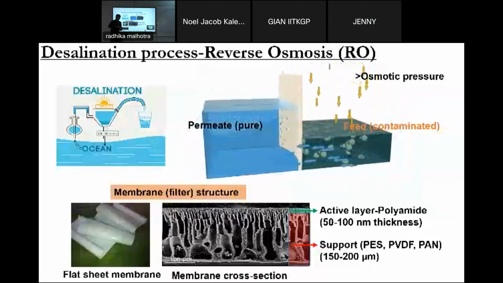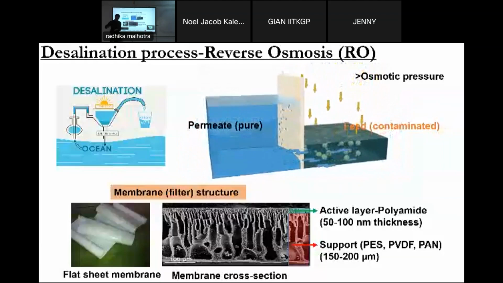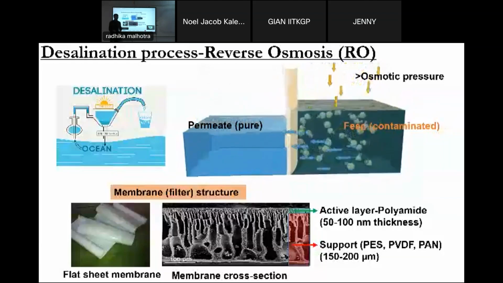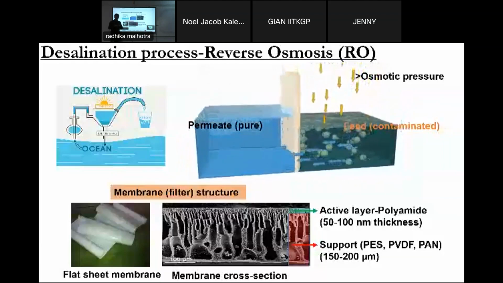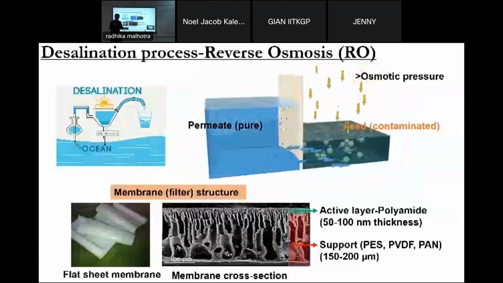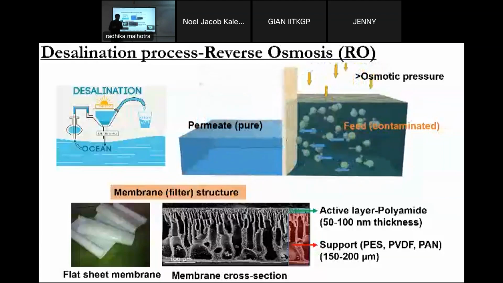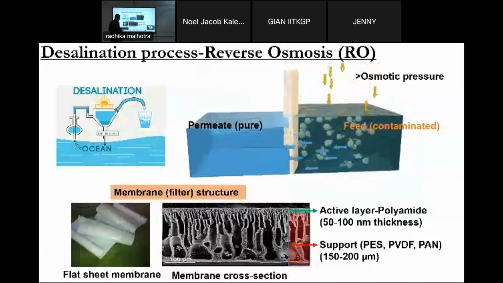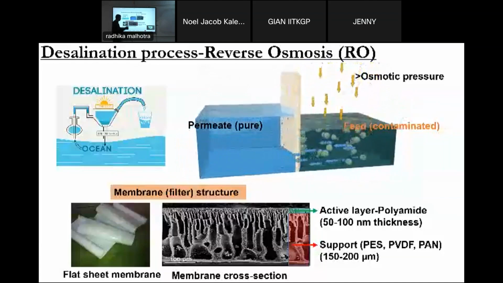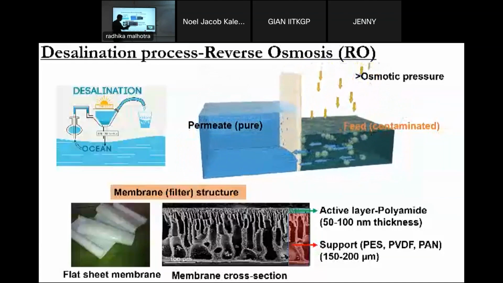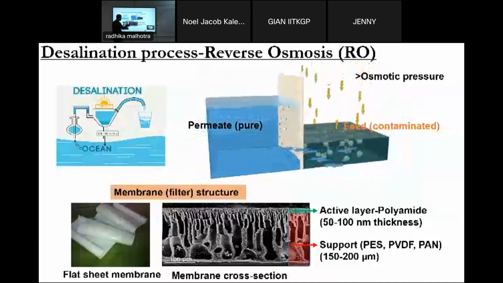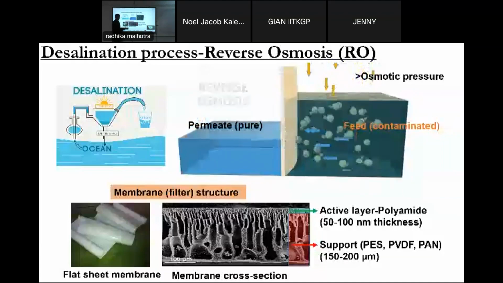If you cast your polymer on glass and put it in the coagulation bath, then slowly your solvent will leach out. While leaching out, it will create the pores. These pores will be like fingers. So you will have the larger size at the bottom, and it will narrow as you go to the top side.